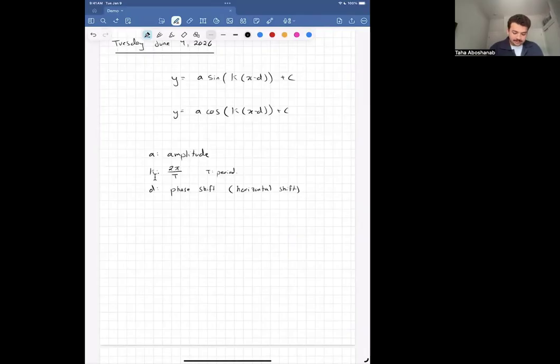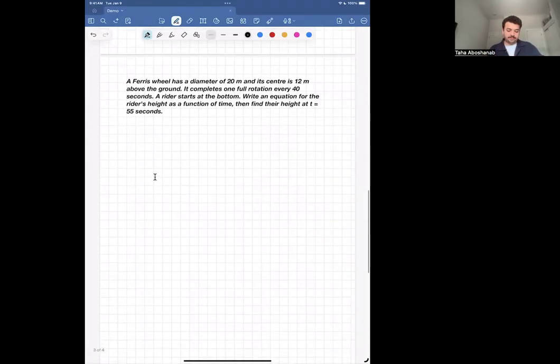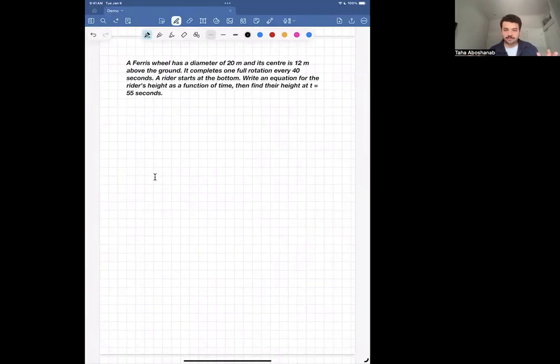The last parameter we have is the vertical shift, which is how your graph goes up and down. Sometimes we refer to it as the midline as well. Great. Quick recap. If you have any questions, feel free to ask me about those two functions. If not, we'll continue to our first word problem.